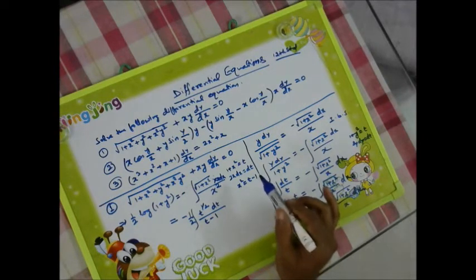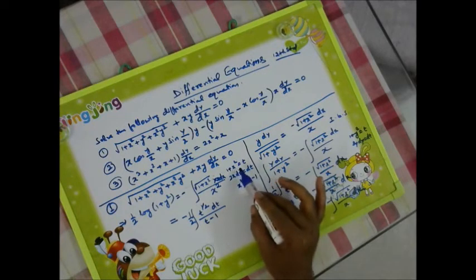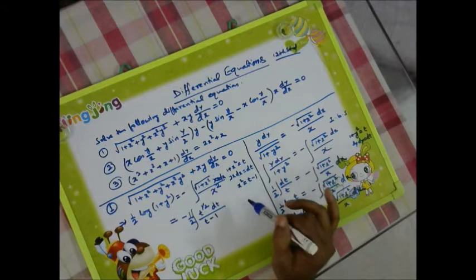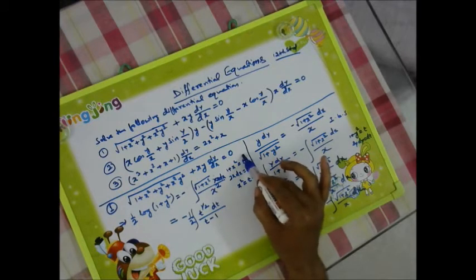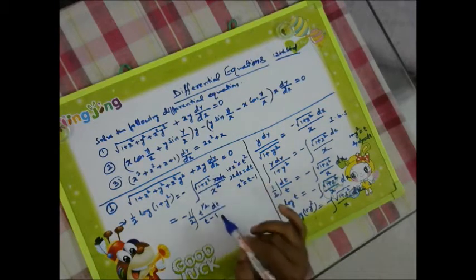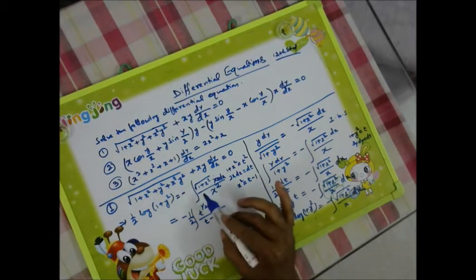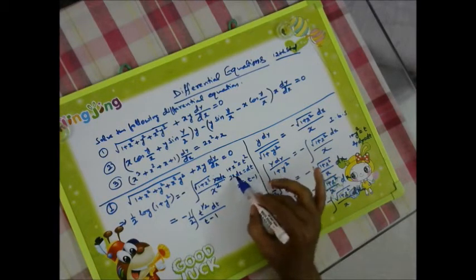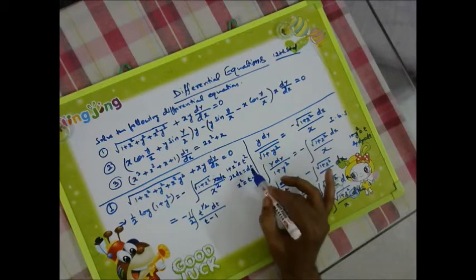Let us substitute 1 plus x square is equal to t square. It's better. Why? Because there is a square root. So if 1 plus x square is equal to t square, then 2x dx is equal to twice t dt.